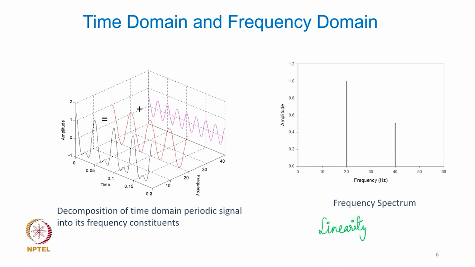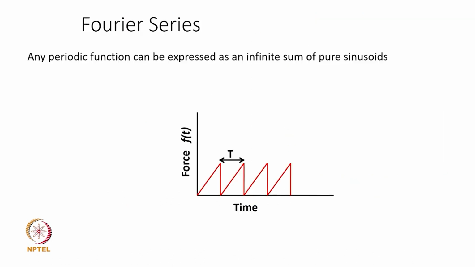So, with the assumption of a linear system, I can decompose any periodic forcing function into component harmonics, find out individual responses and then simply add them up. That is what we are going to do in this particular case.